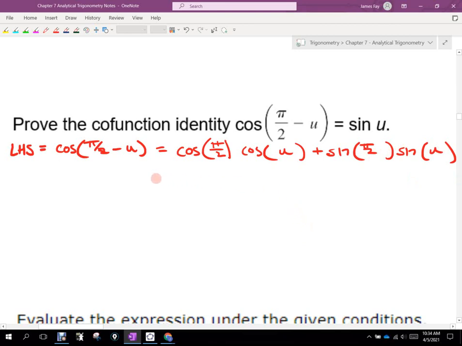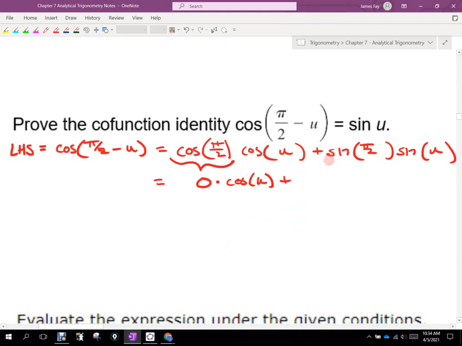And when you do this, whenever I input an actual measurement inside a trig function, I can evaluate that. What's the cosine of pi over 2? What's the x value at an angle of pi over 2? 0. Now, cosine of u, I don't know u, so I can't evaluate that.